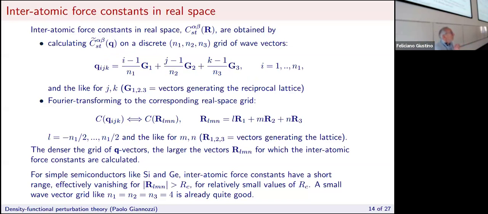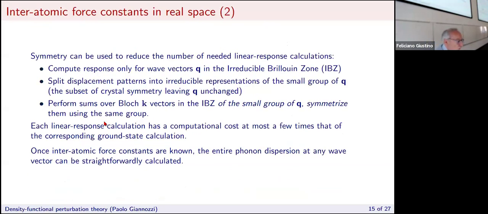And since real space force constants tend to be short range, tend to decay quite quickly, with a relatively small number of calculations in reciprocal space, you get a sufficiently large supercell in real space, and it is sufficient to describe your interaction in real space between your force constants. So this works quite nicely.